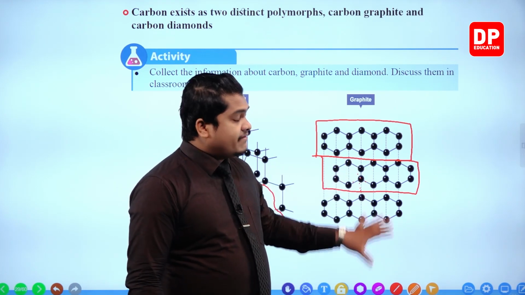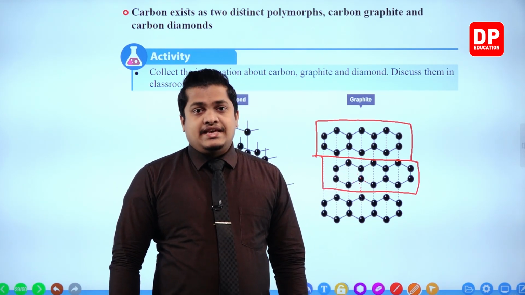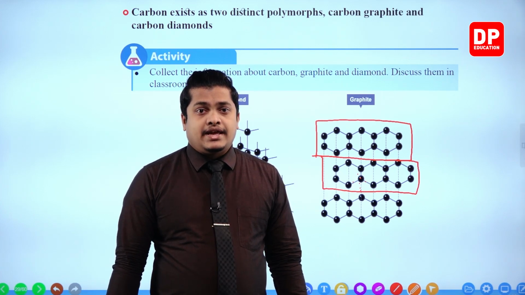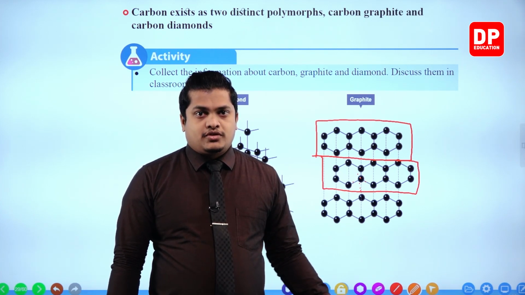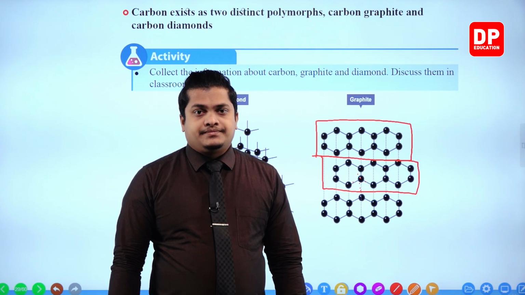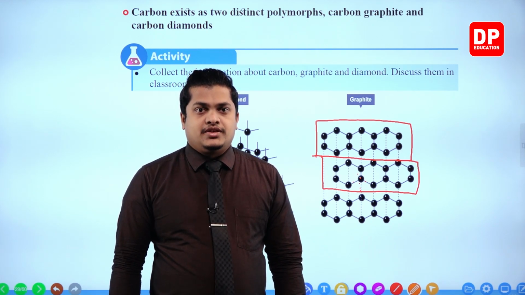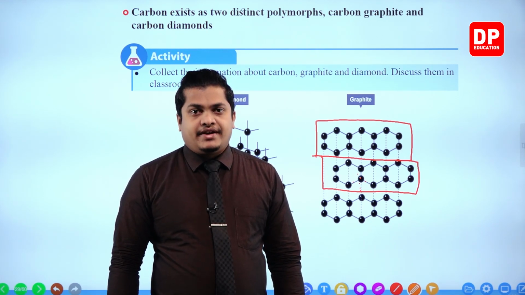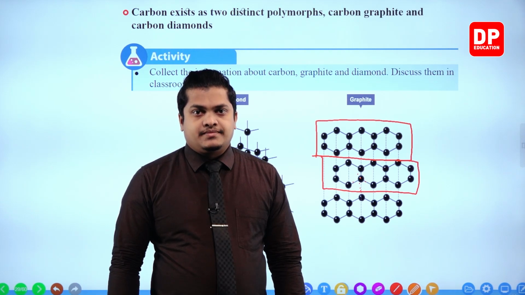As the layers are weakly bonded, these layers slide past the nearby layers. So therefore, my dear children, we use graphite in making lubricative items.